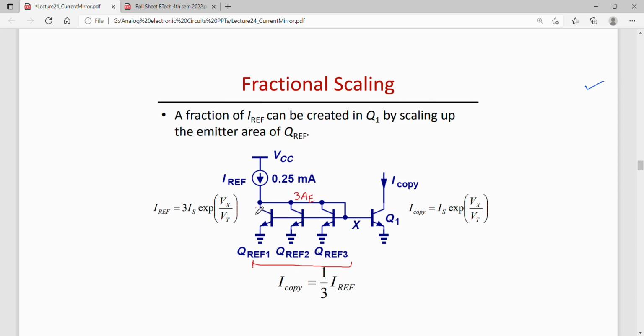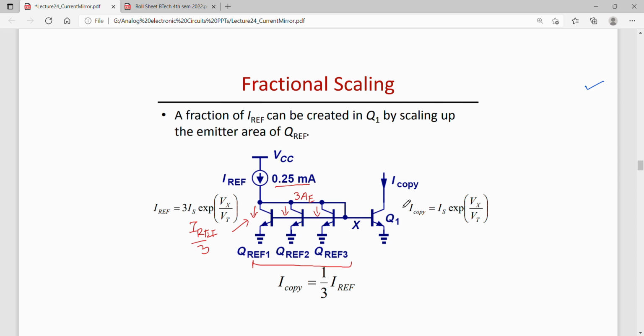So that means the current going into the collector of each transistor will be 0.25 by 3. So the current going through each transistor will be I ref by 3. So this is the current in each of these transistors.